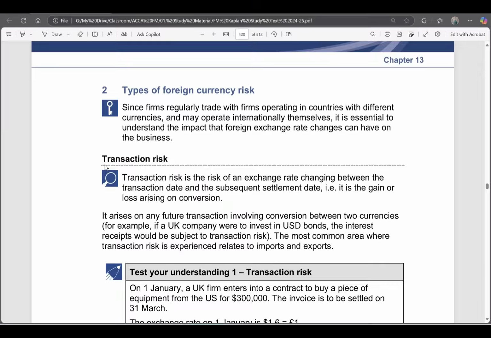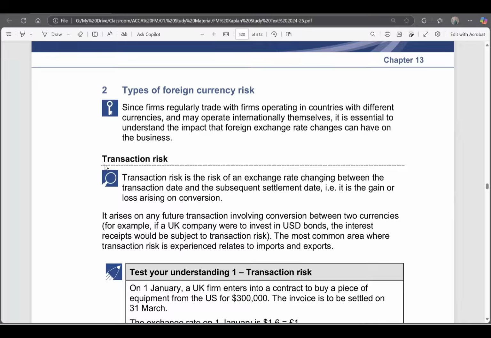Let's say the customer will pay us 100,000 Indian rupees, but the customer will pay this in 3 months' time. We don't know what will be the exchange rate in 3 months' time. And if the exchange rate moves to the adverse side on the day of the settlement, we might face a loss. This is the transaction risk.